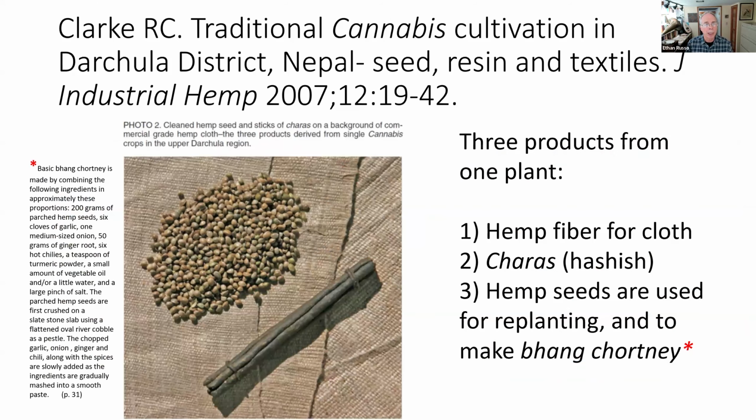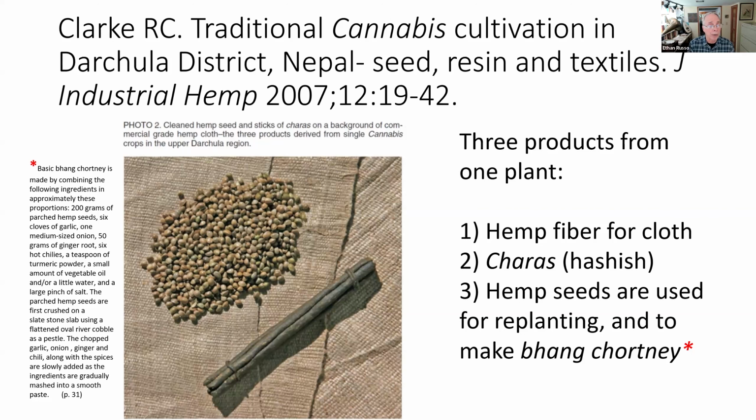In this picture, we see three products, all from the same cultivars of cannabis. So at the bottom, we have sticks of charas. That's what the hashish looks like after it is scraped off and rolled into these long, thin cylinders.